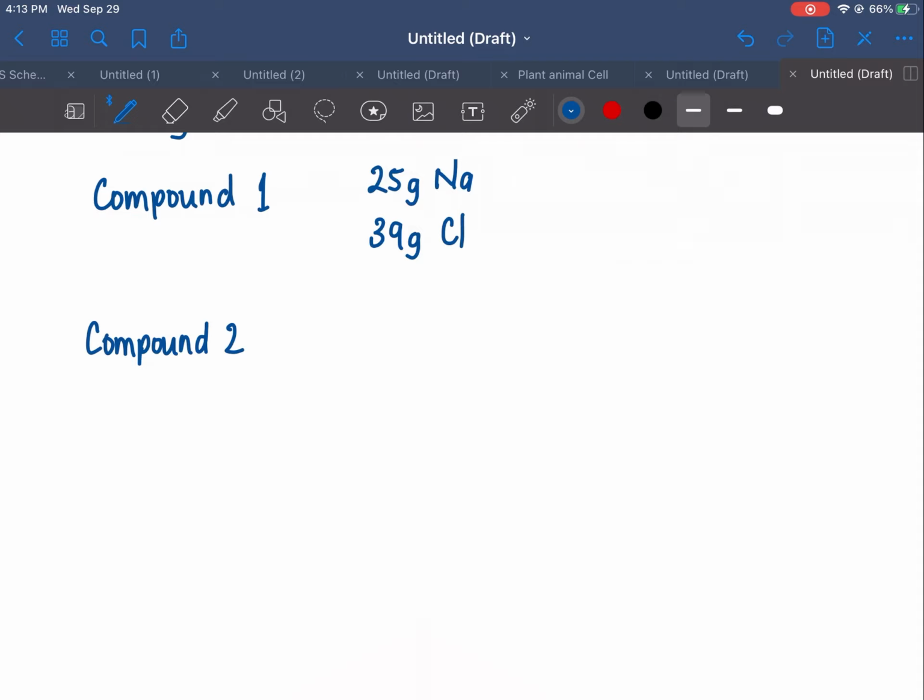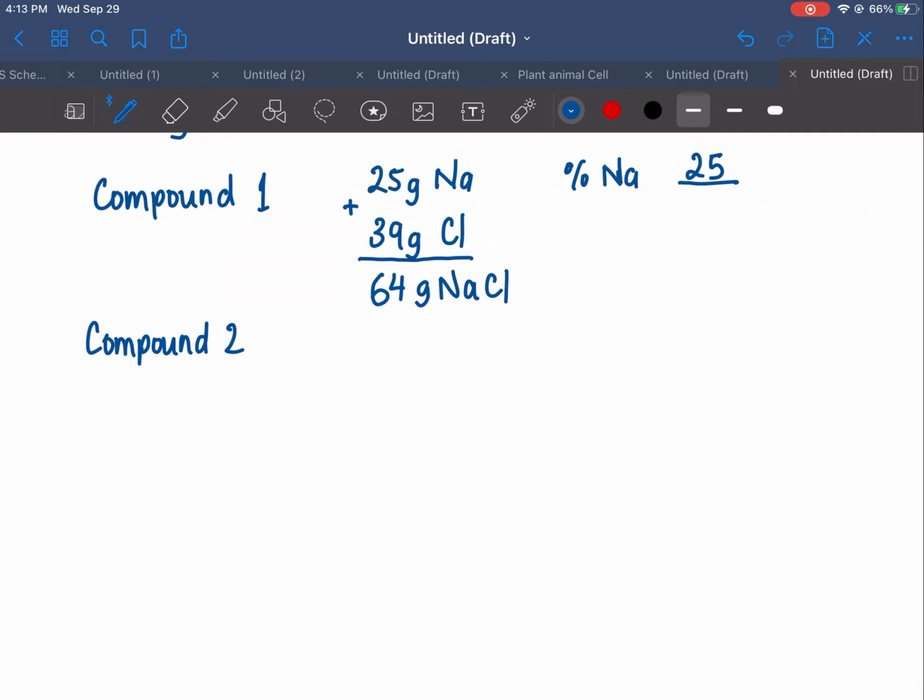To start this off, the first thing you need to do is add those two numbers, because we need to divide the amount of sodium by the amount of the whole thing. If I add this, it gives you 64 grams of sodium chloride. The next thing we need to do is find the percentage of sodium.